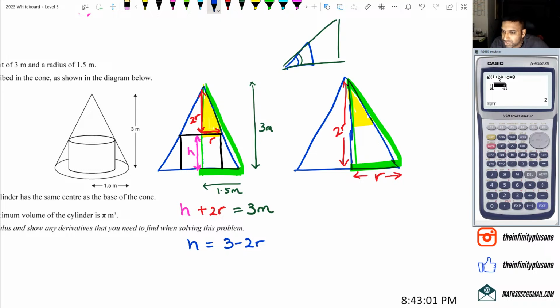Is it possible to use the straight line for h is equal to 3 minus 2r? I'm not understanding what you mean by straight line. Which straight line are you talking about? Oh, 3 minus 2r, like an equation of a straight line. Yes, Anonymous, you could do that.